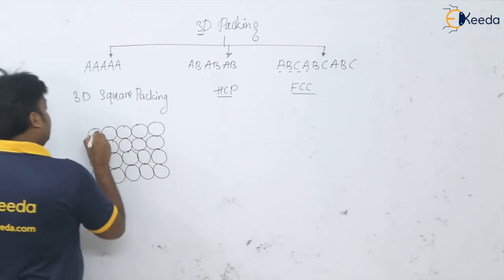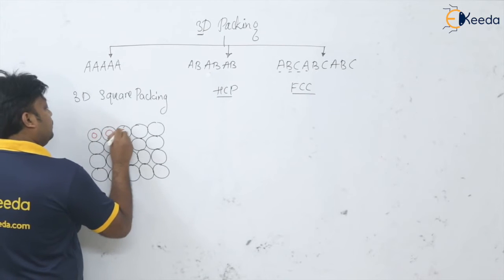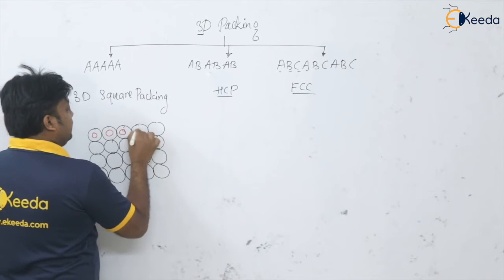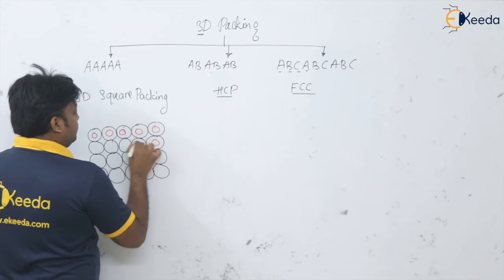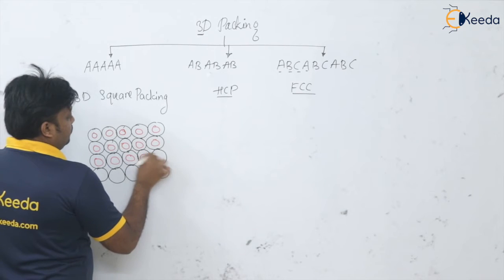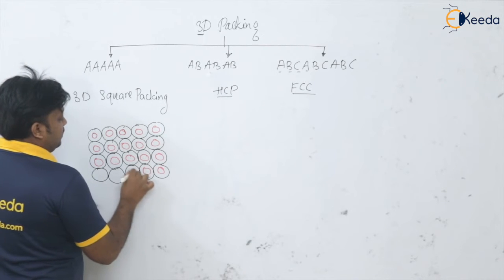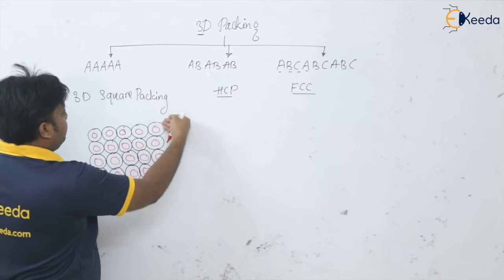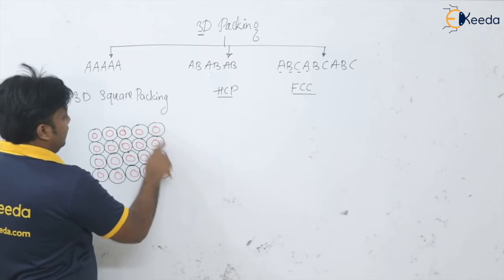These are the atoms on this side, and one layer is behind it also, isn't it? Like this. So now it becomes the three-dimensional square pattern, isn't it? Now the same, it is behind this black color, isn't it?